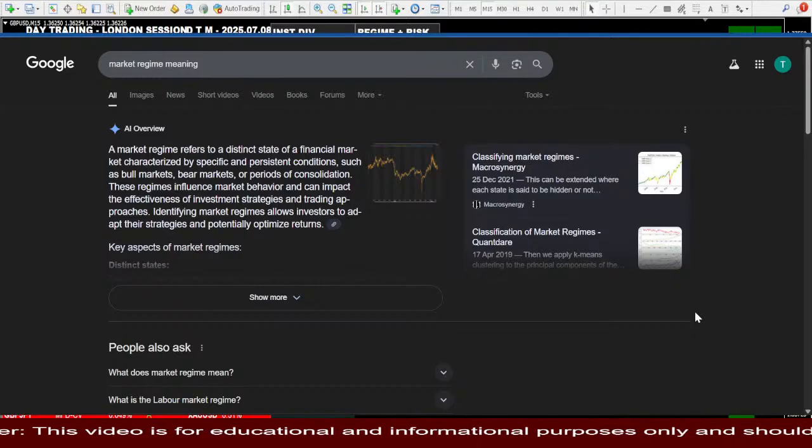When the market is trending, okay, that is one regime. That's a trending regime. And we also have a sideways regime, or you can say a range-bound regime. Okay, and you can also have a volatile regime.